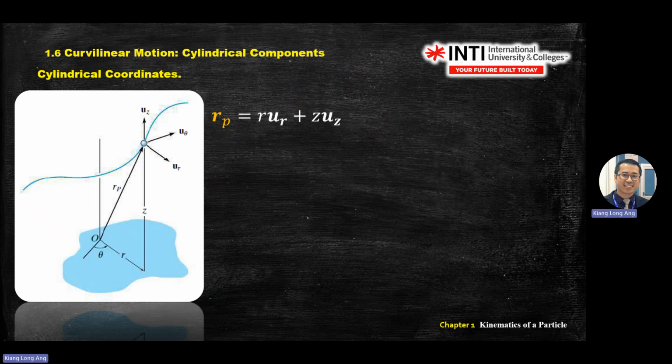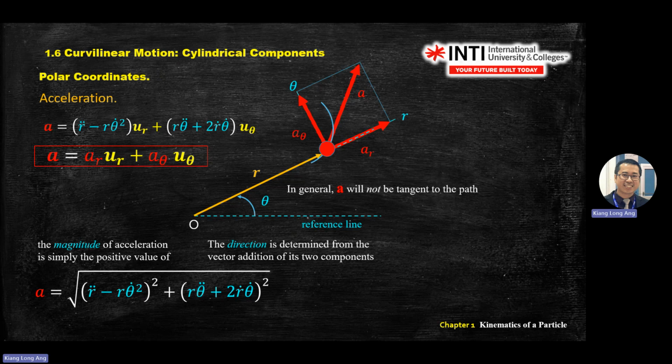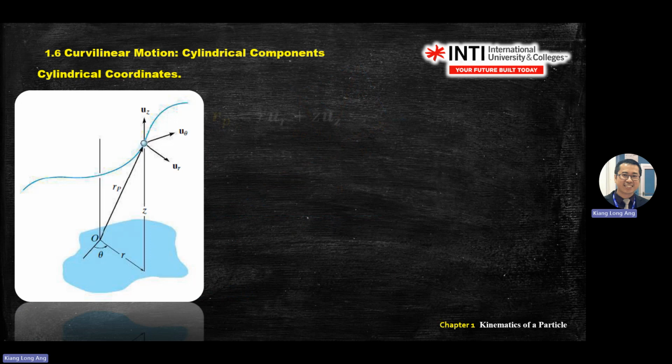So you can do the same if you have three dimensions. All the while, what you see on the screen here is all 2D, two-dimensional. But if you have 3D, you can write them in the 3D direction. So if 3D, you have a z direction already. So your equation will become the one you see on the screen here.